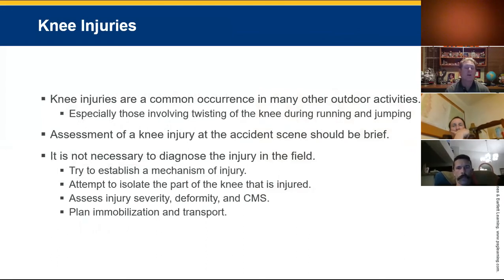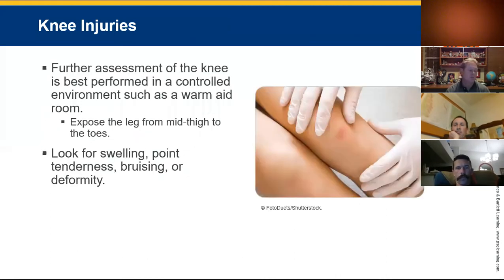But you're not orthopedics. Just a small tear can cause a lot of pain in some people, depending on where it's at. The more swelling you see initially in the field would probably be a better indicator of how much damage there is. So look for swelling, point tenderness, some bruising.